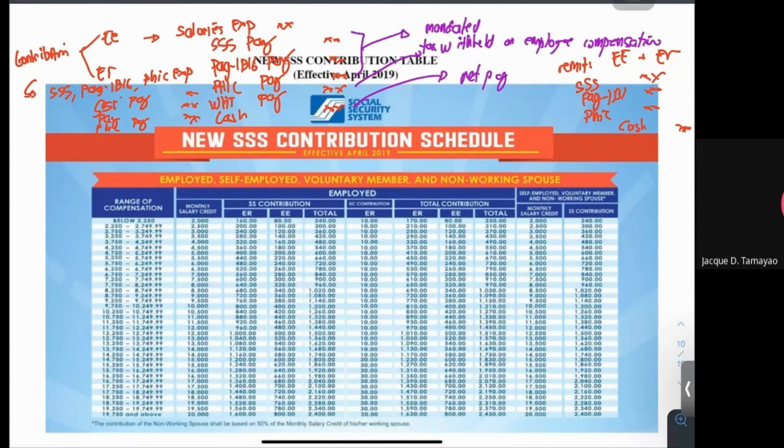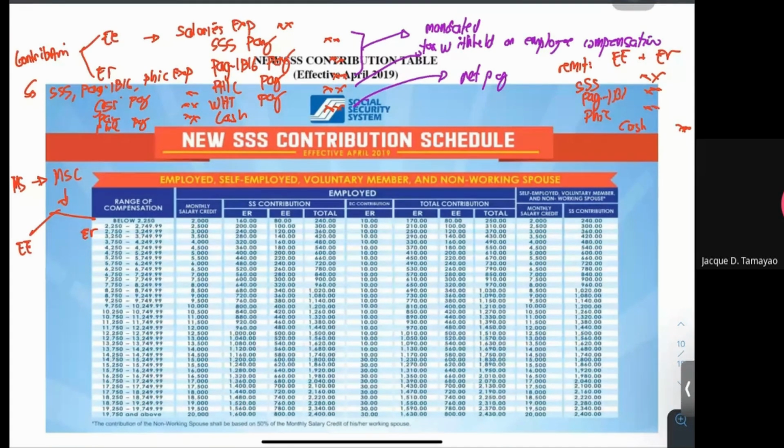We proceed now to your SSS. So how do we determine your SSS contribution? We have here your SSS table. Your SSS table looks first into your monthly salary, and your monthly salary will be translated to your monthly salary credit. Based on your monthly salary credit, we get your employee share and your employer's share.